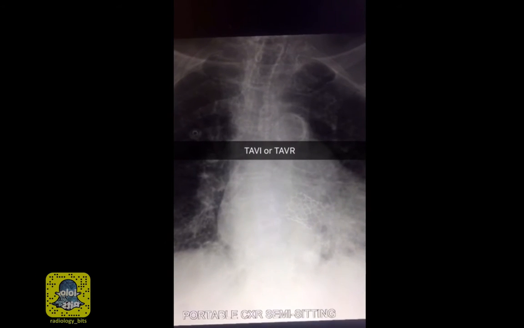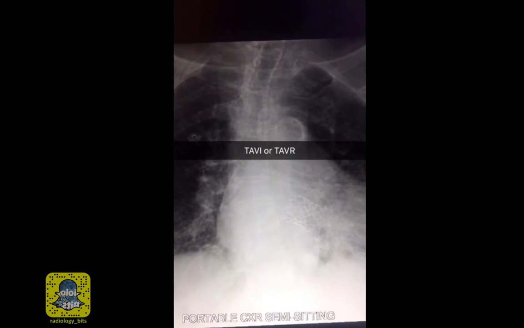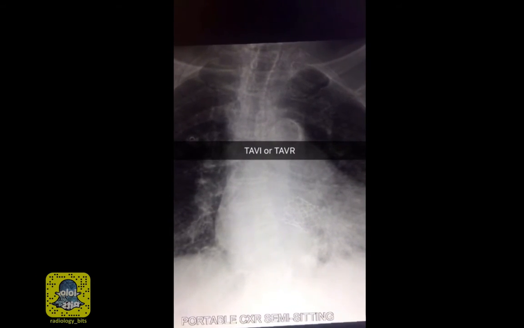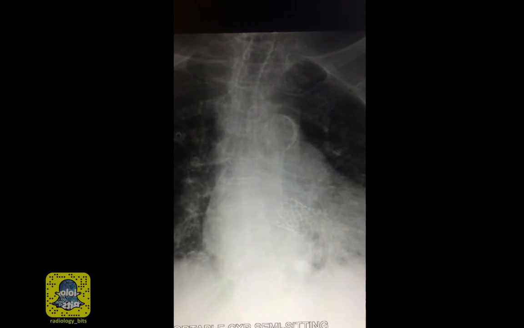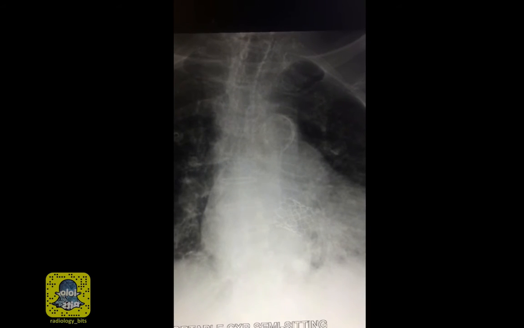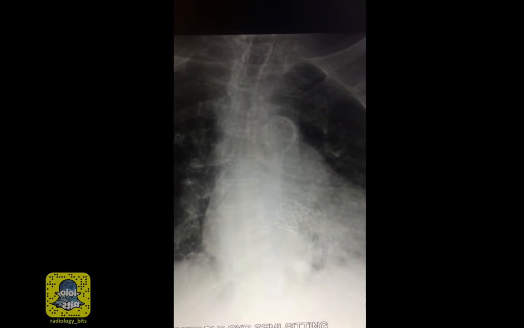This procedure is known as transcatheter aortic valve implantation or replacement. The procedure known as TAVI or TAVR has been a game changer.